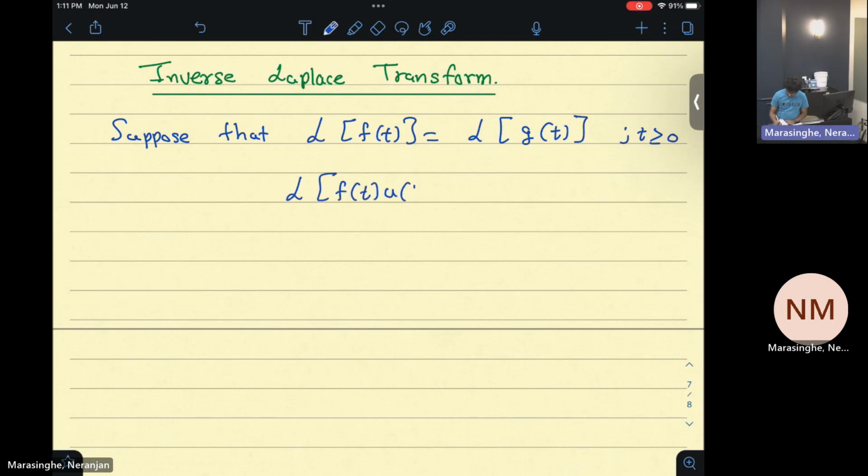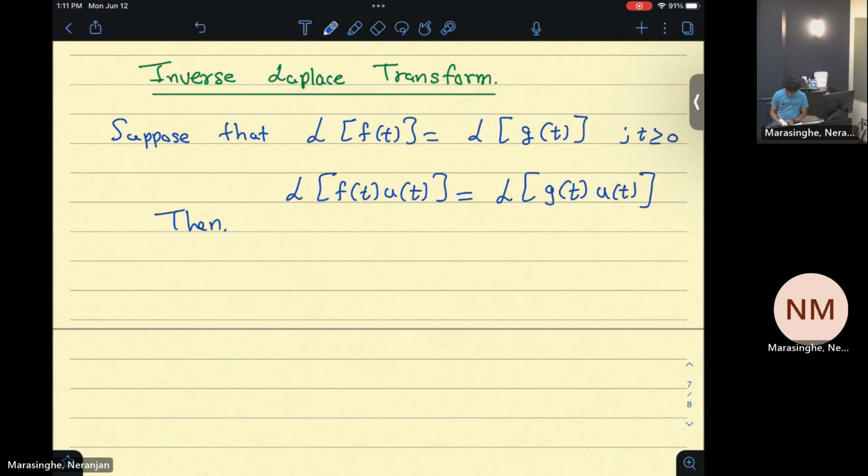f(t)u(t) is equal to the Laplace transform of g(t)u(t). Okay. That means we are considering the t greater than or equal to 0 part. Because by multiplying u(t), we are ignoring the portion of the graph where t is negative. Okay, that would become 0. So if Laplace transforms of two functions are equal, then the functions are equal when t is greater than or equal to 0.